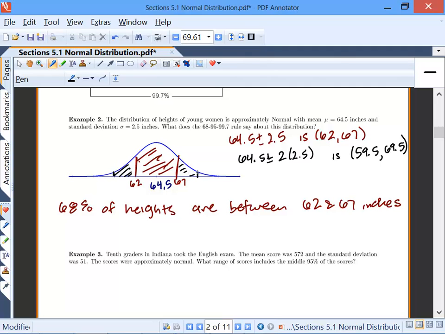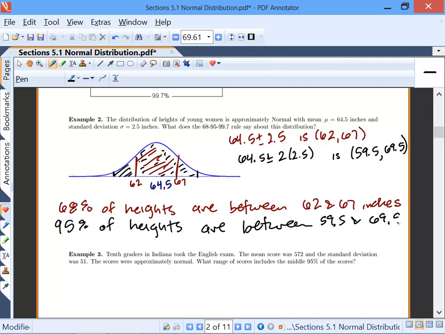So that is everything in between those two numbers. It does include the middle as well. And that will tell me that 95% of heights are between 59.5 and 69.5.